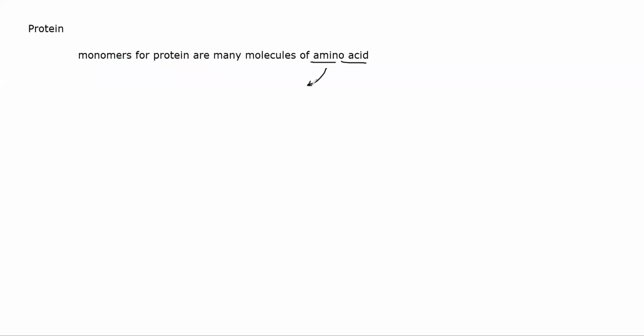Amine means NH2 and acid means the carboxylic acid, which is C double bonded with O and OH. So a molecule which contains both amine and carboxylic acid, we call an amino acid.